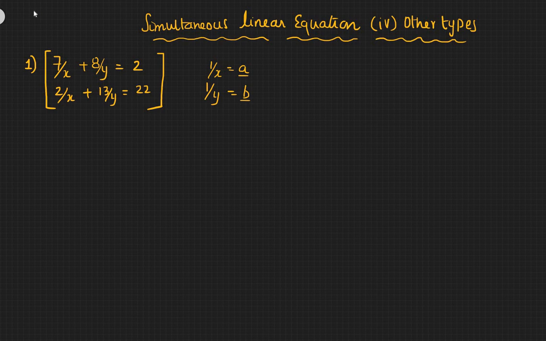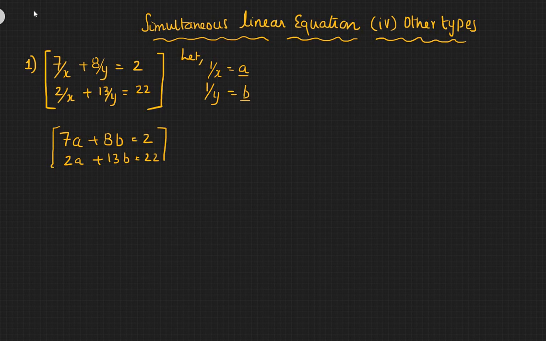So let 1 by x be a and 1 by y be b. You can rewrite this equation as 7a plus 8b equal to 2 and 2a plus 13b equal to 22, right? And then we can solve for a and b.